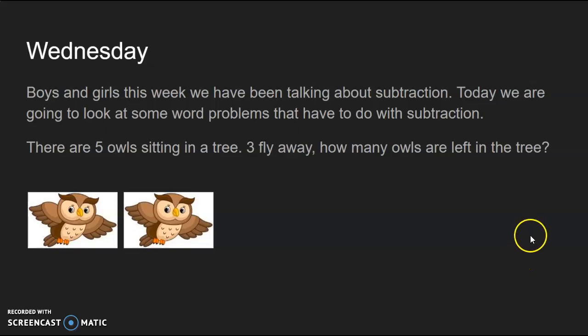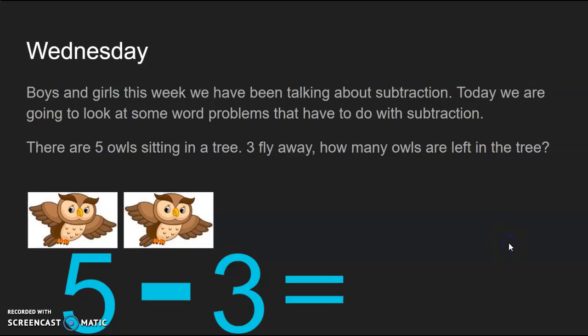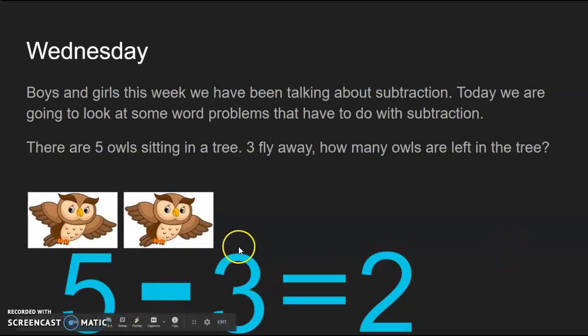So we started with 5, and we would say 5, we took away, so minus, we took away 3, and we found that that equaled 2. Okay, so we had 5 owls, we took away 3, and that equals 2.